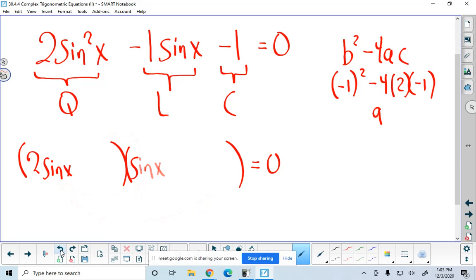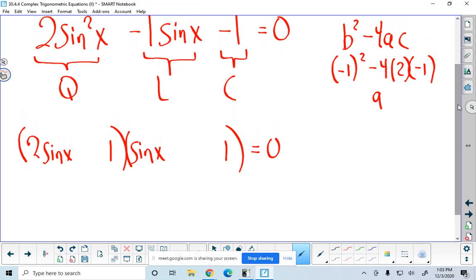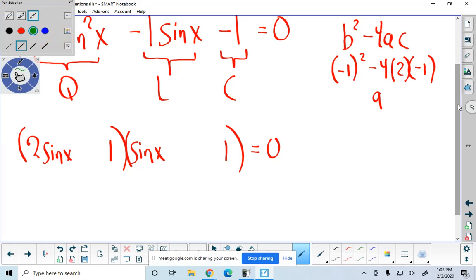And then we factor it in the same way we would if it were non-trigonometric. We say, well, I need a 1 here and a 1 here. And then I start playing around with the positives and negatives until I can arrange it so that it works. If I were to FOIL this out, and I get that some of you get this already, but I need to explain it for everybody.